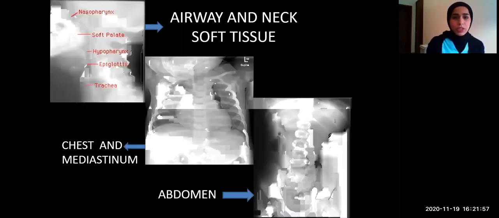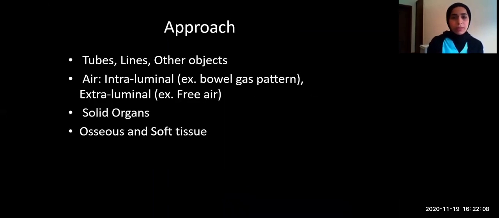So we finished the neck, the chest and mediastinum briefly, and we'll move to the abdomen radiograph. In acute abdomen, approaching the abdominal radiograph is very important. We'll talk about the identification of external and internal lines and tubes in pediatric age groups and sick babies.